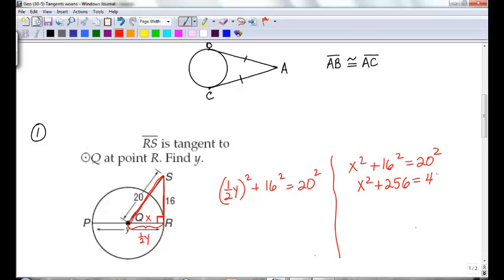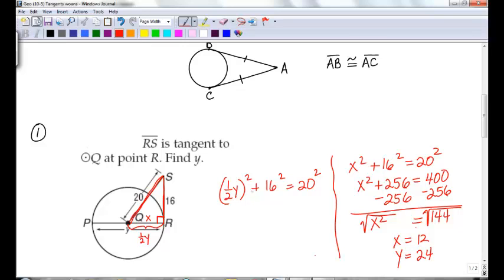And that'd be 400, right? Subtract 256. What do we get? 144, and take the square root? 12. So x is 12. So y is 24.